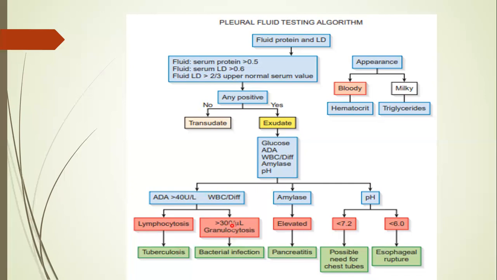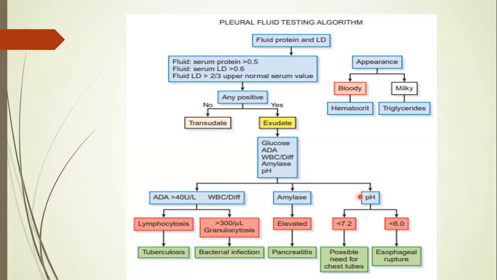Or if the cells that are predominant, still with ADA of more than 40, but this time in the differential count, the cells which are elevated are granulocytes. So you learned in HEMA what granulocytes are. These are cells containing granules in the cytoplasm. So if you see a higher level of granulocytes, it may be indicative of a bacterial infection.